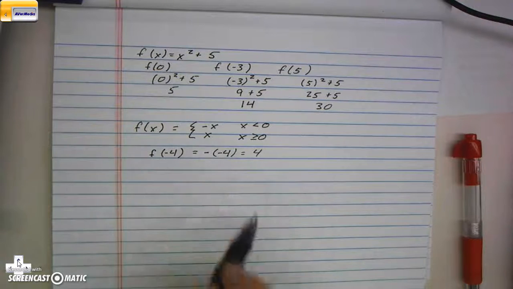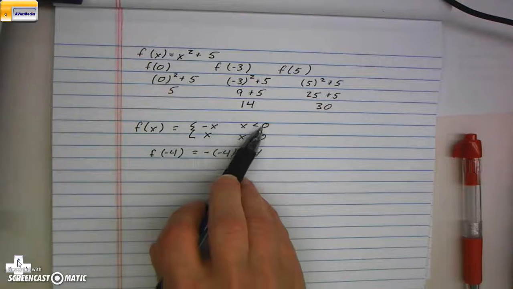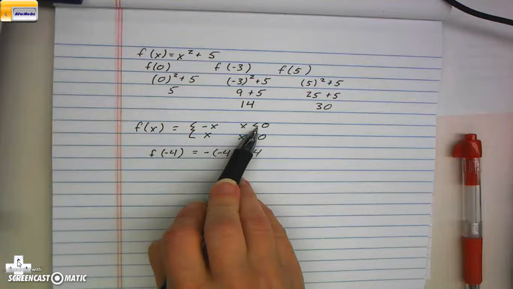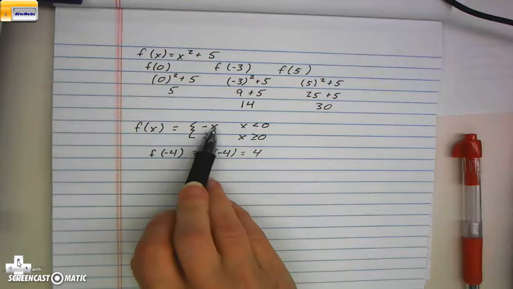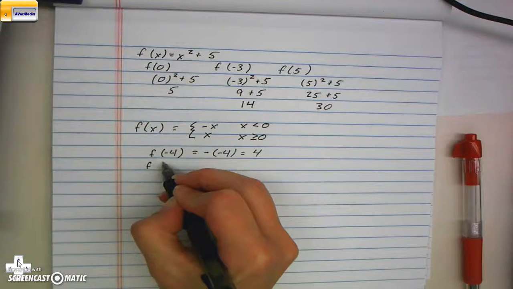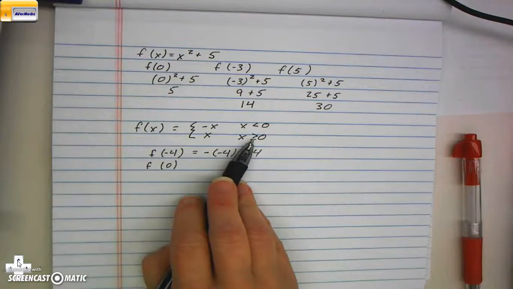Okay, so you take the x value that you're given, you look at the little constraints over here that tell you what you do for which x value, you pick the right group, and you do that one. So if I say f of 0, that would be the second one.